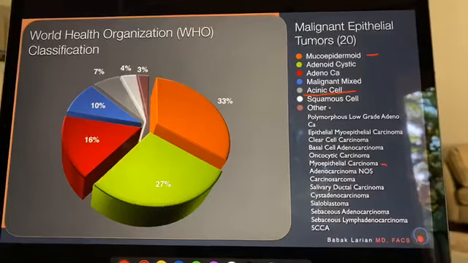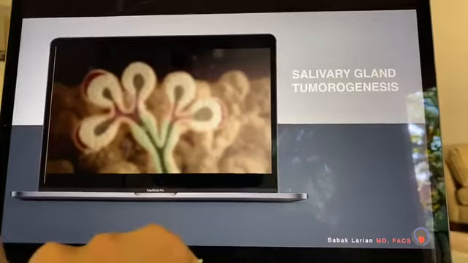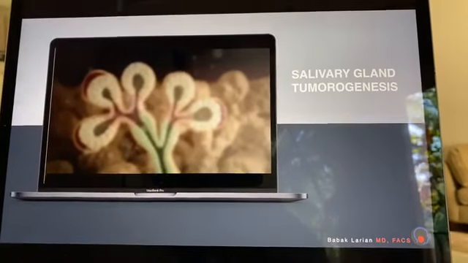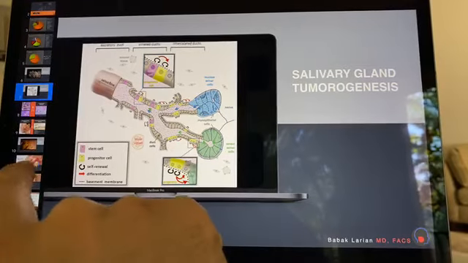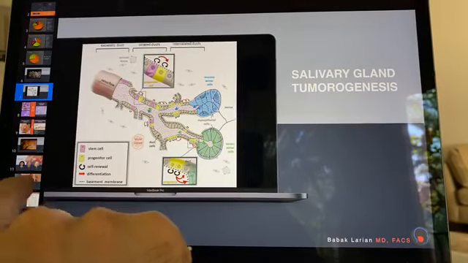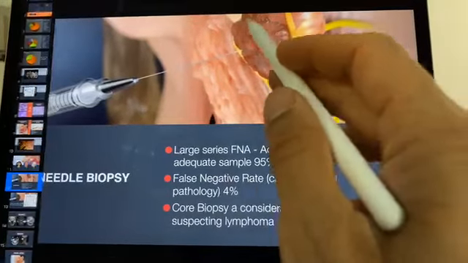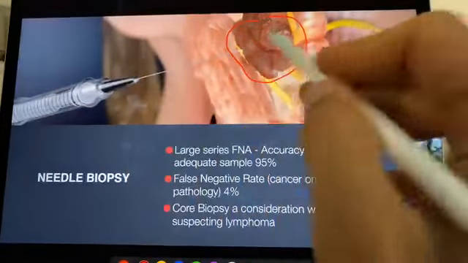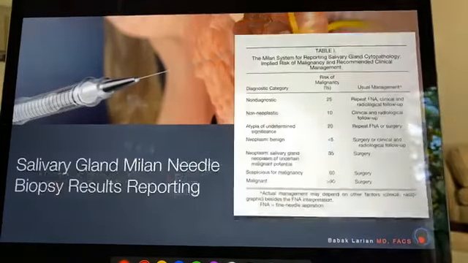The most important thing I would say when you have a mass is to do a needle biopsy. If this is the tumor, this is the needle that goes inside the tumor to get a piece of it so we can tell.